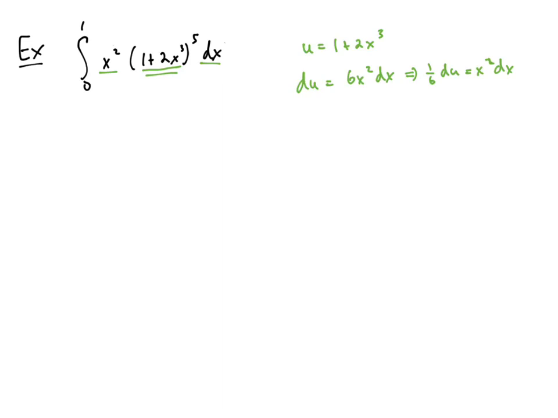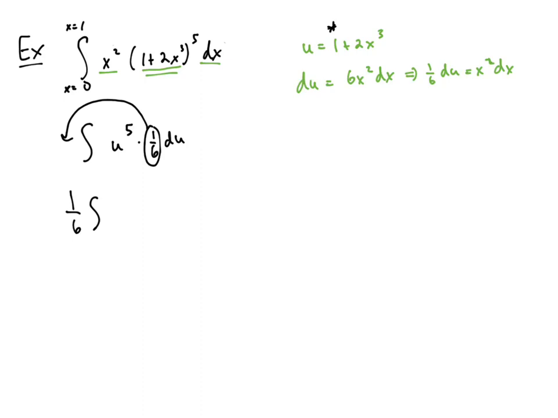So rewriting this, we're going to have u to the 5th, and then times 1/6 du, and we'll bring that 1/6 out here. So 1/6, we need to find the limits of integration. So when x is 0 and x is 1, what do I get in this equation?